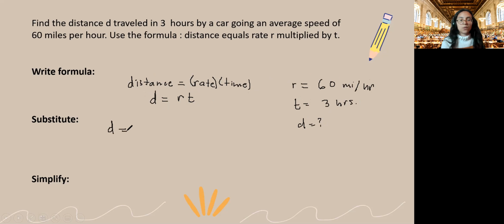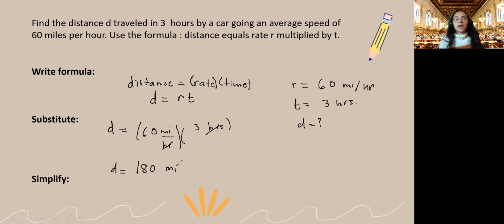So d is going to equal r, which was 60 miles per hour, times time, which is 3 hours. And we just multiply. So our hours cancel, our units cancel. Now we have d is equal to 60 miles times 3, and that's going to give us 180 miles. That is the distance traveled by a car going an average speed of 60 miles per hour for 3 hours. Really simple, right?